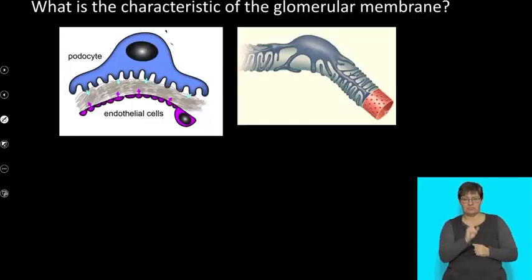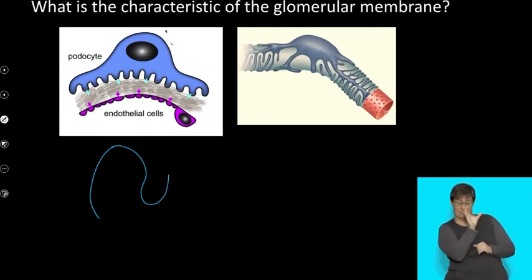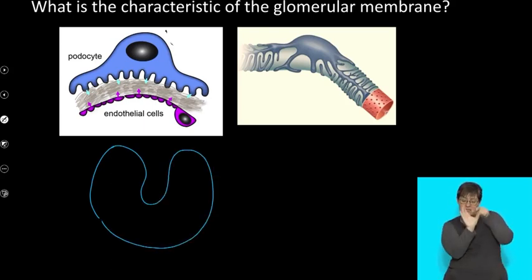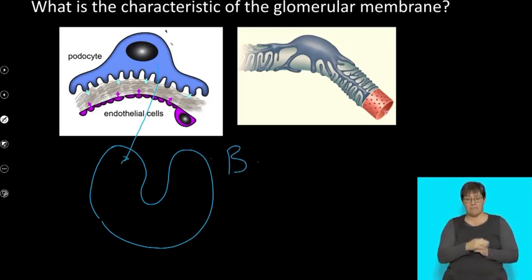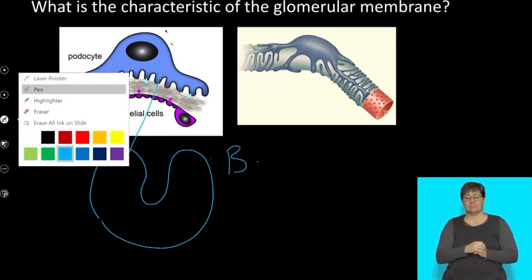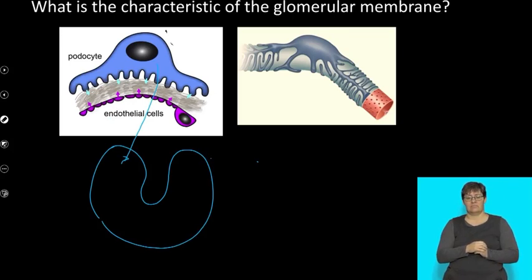Now, if you have a look at the Bowman's capsule, I want you to have a look at this. All right, really weird diagram over here. The Bowman's capsule, on the inside, has these specialized cells, and they are called podo... Oh, let me erase that quickly. All right, not bodo. Let's go podo.